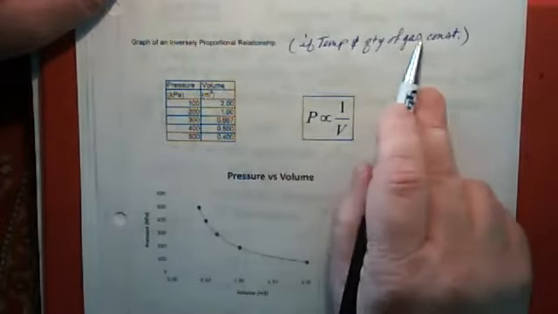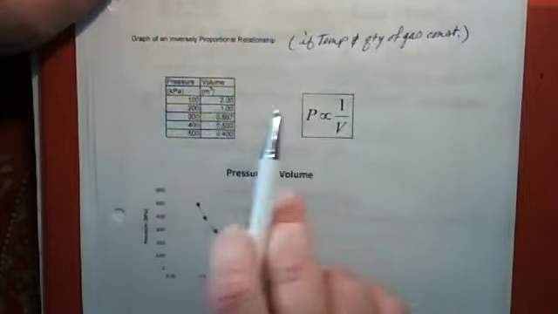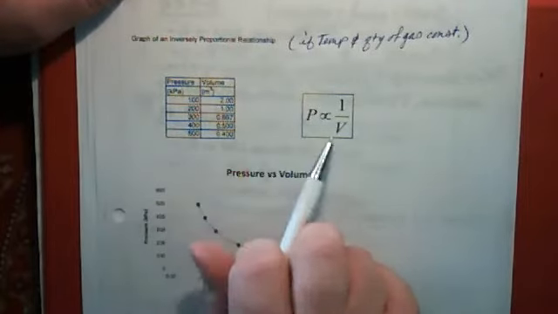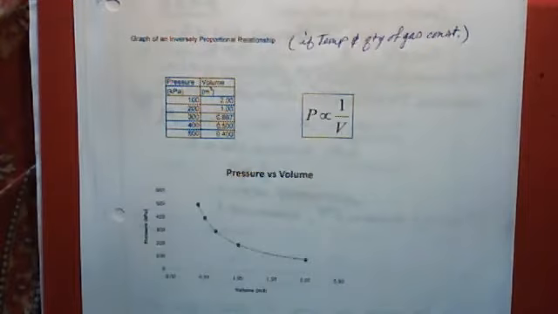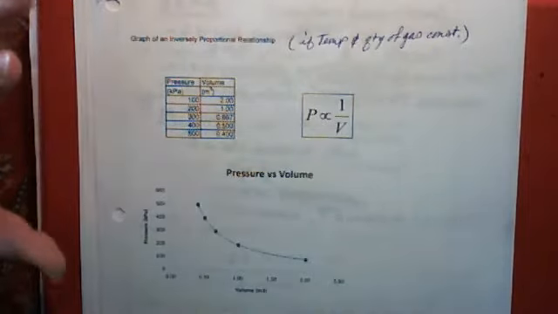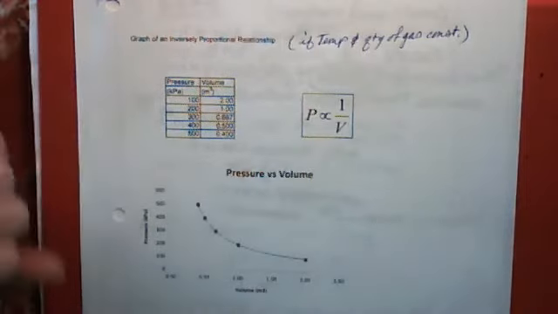As long as temperature and the number of gas particles are held constant, then pressure and volume are inversely proportional. You can kind of think of that as like squeezing a balloon, or taking an empty plastic Coke bottle, putting the cap on it tightly so it's airtight, and trying squeezing it.